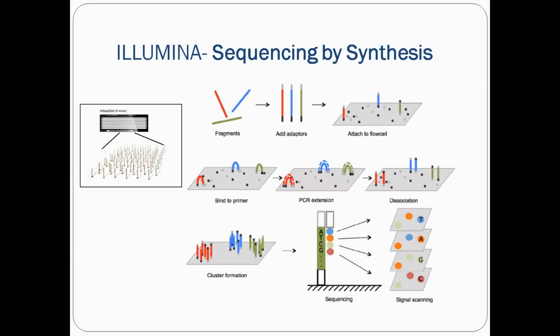Okay, so we will now study the technology or the principles used by Illumina platforms. The principle used here is sequencing by synthesis. The workflow of Illumina sequencing consists of four basic steps: sample preparation, cluster generation, sequencing, and data analysis.